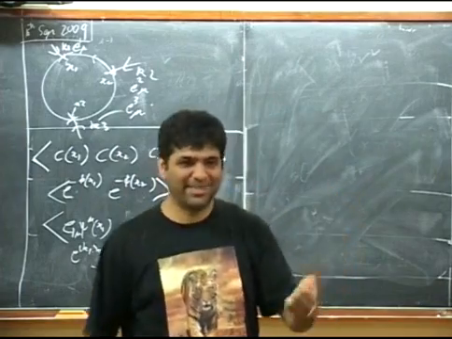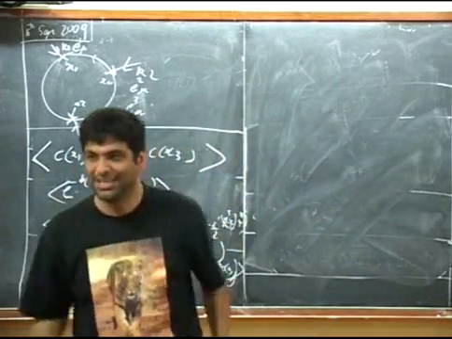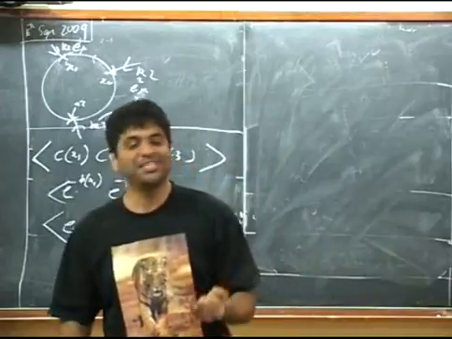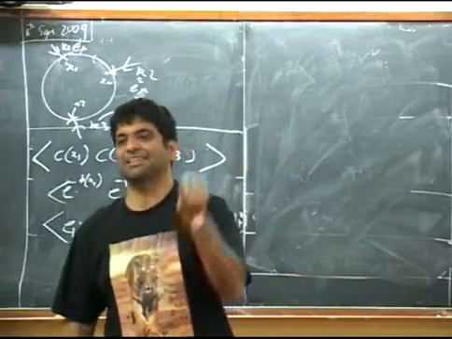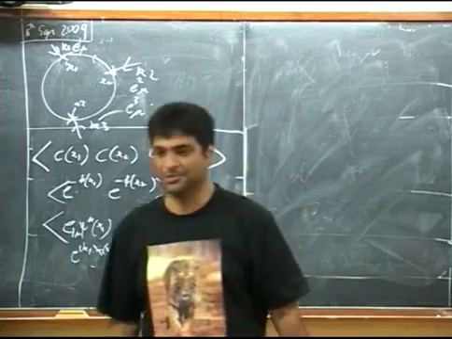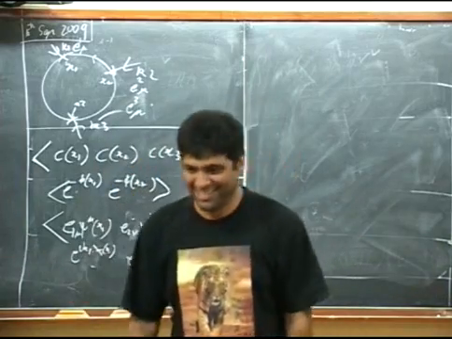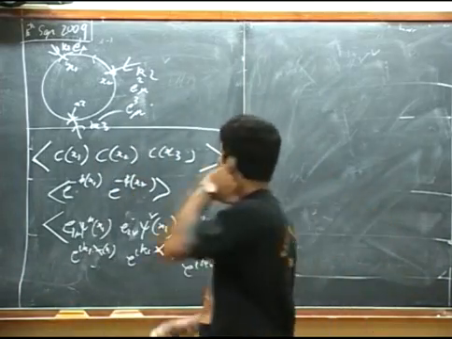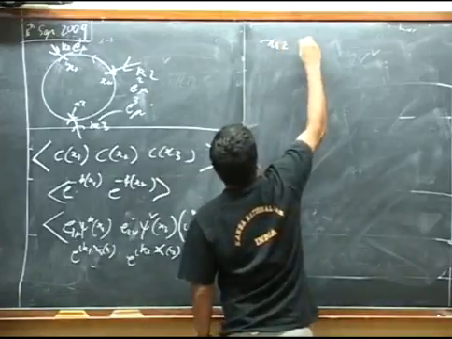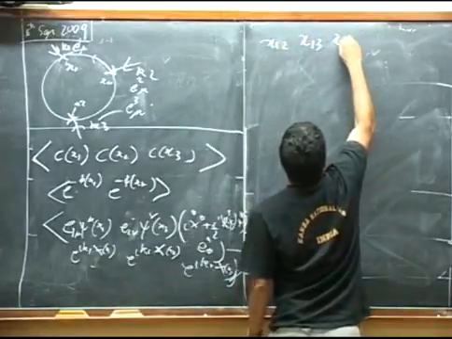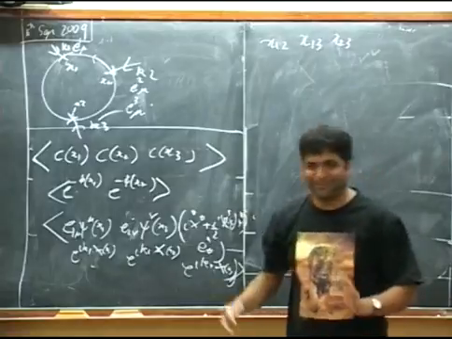There's no singularity. It has a 0 when x1 approaches x2, x1 approaches x3, and x3 approaches x2. Can you tell me what the answer is? It's x12, x13, x23, up to a sign or right number.